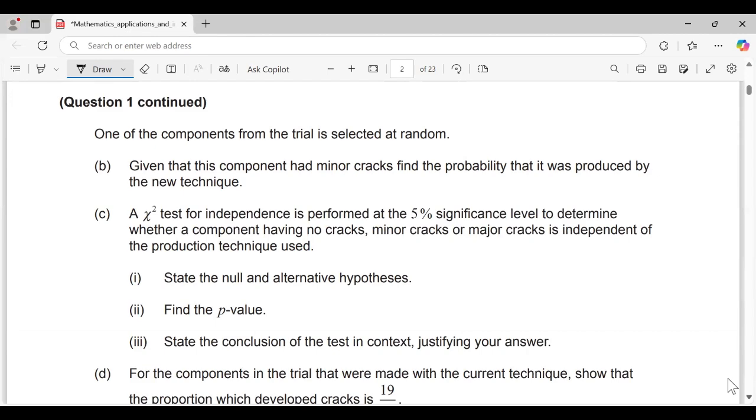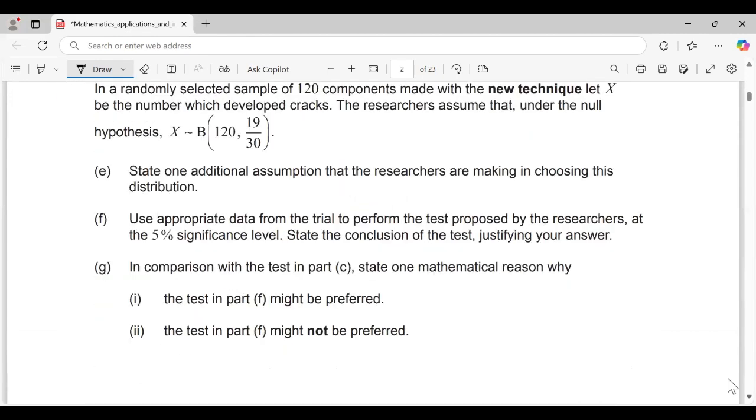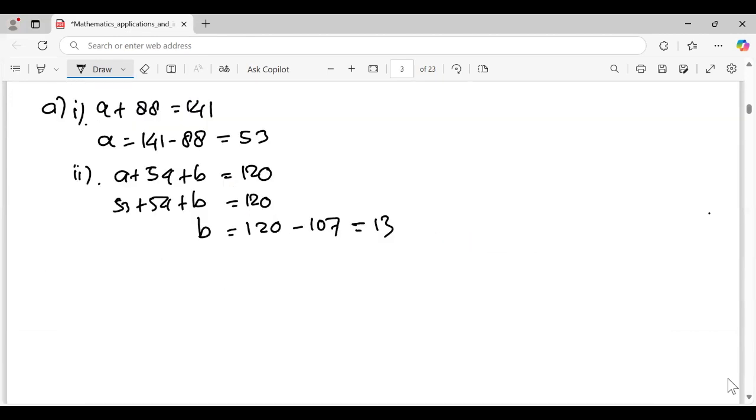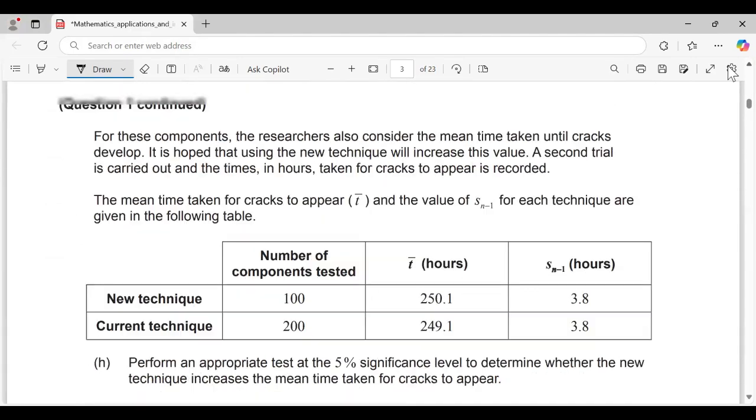Okay, Part B. We'll begin with the sample space, equal 54 plus 96. Okay, that is a sample space.